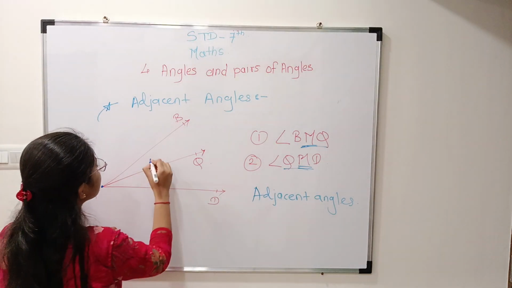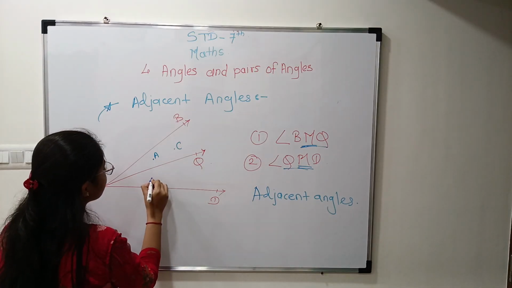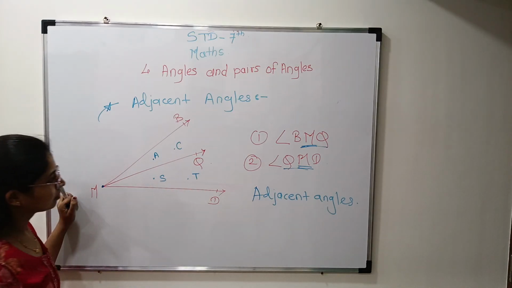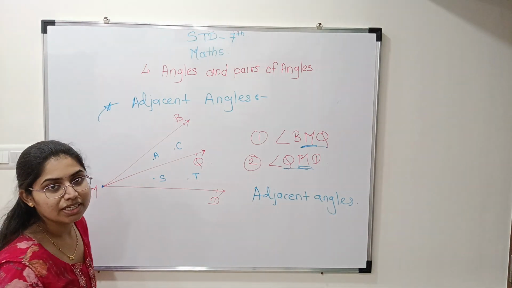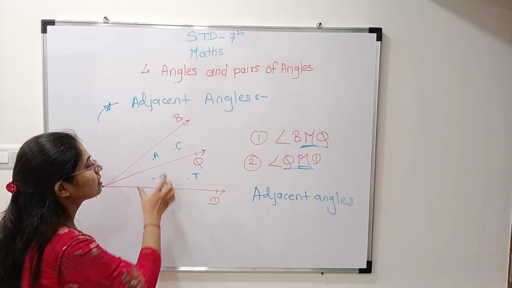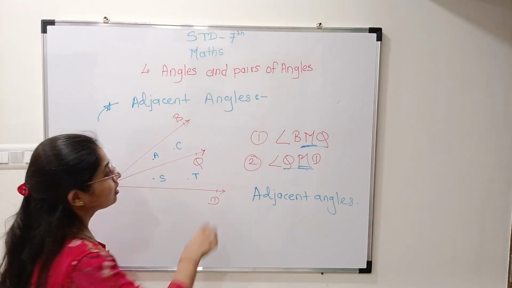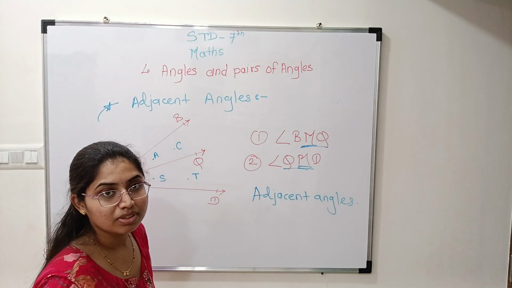But here suppose I put over here point A and point C and here point S and point T. These points are situated inside an angle, right? That means they are the interiors. But in both the angles, these interiors are not common, right?